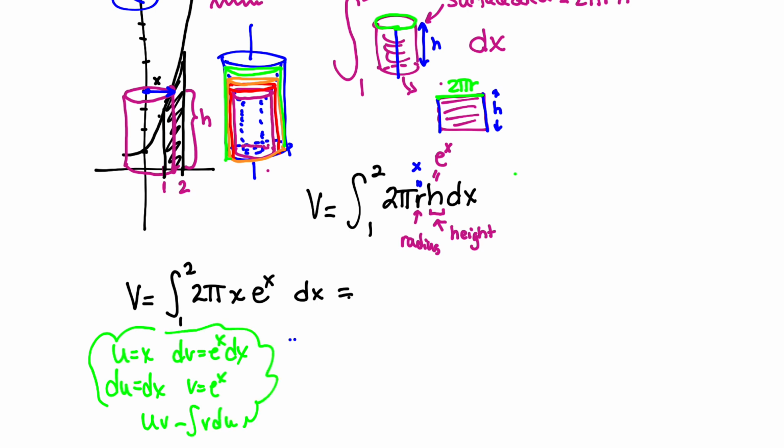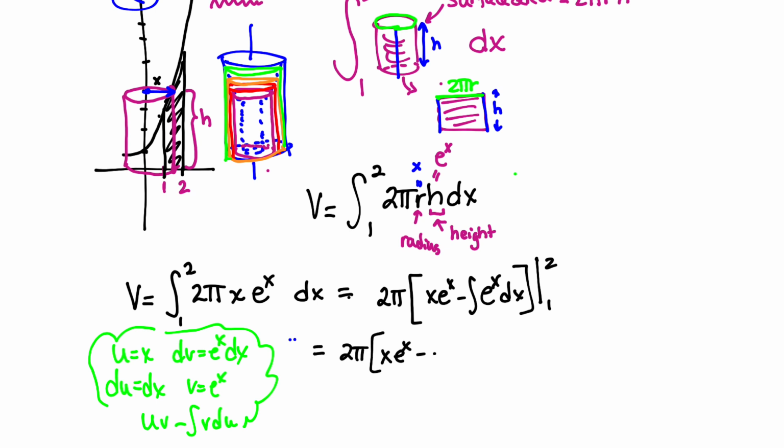So what we're getting is 2 pi times the integral of uv minus the integral of v du, going from 1 to 2. Then we integrate that out. So we've got x e to the x minus e to the x from 1 to 2.